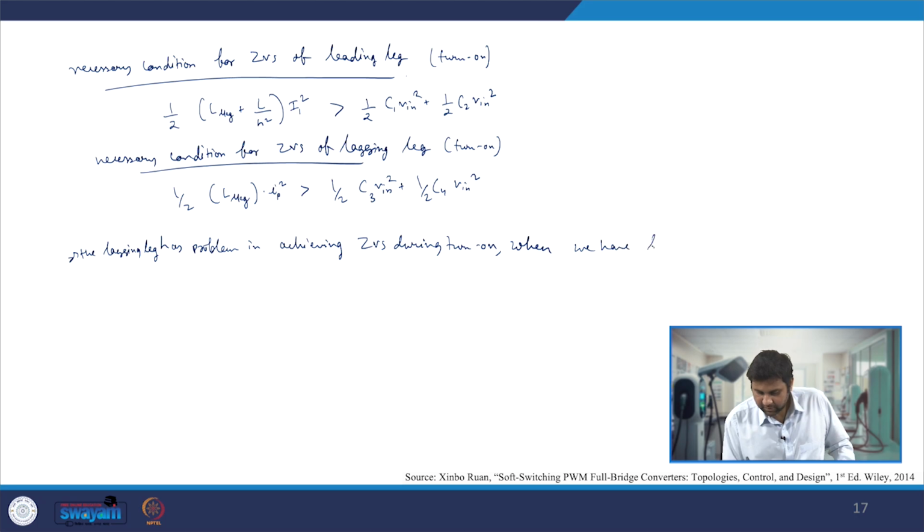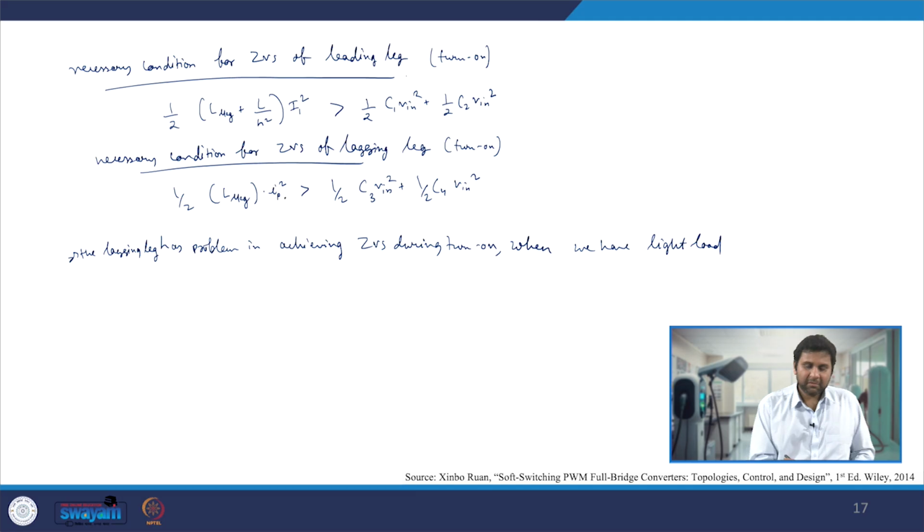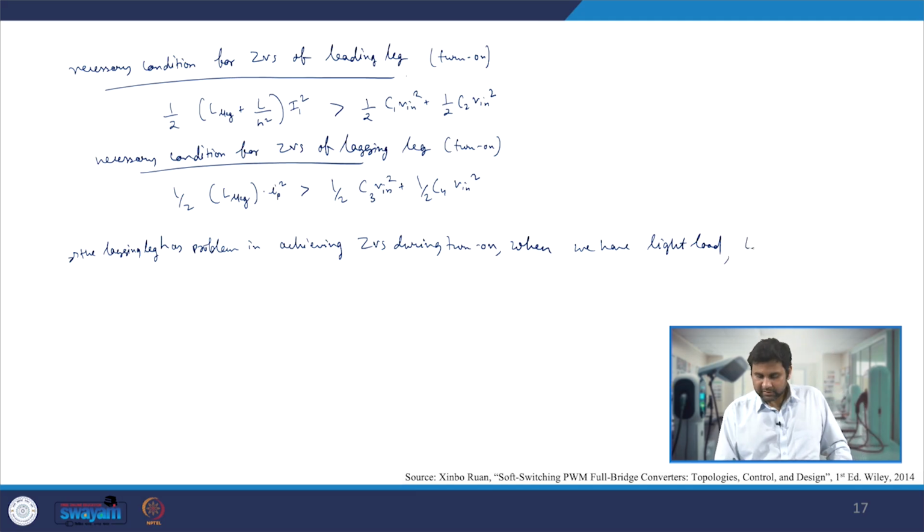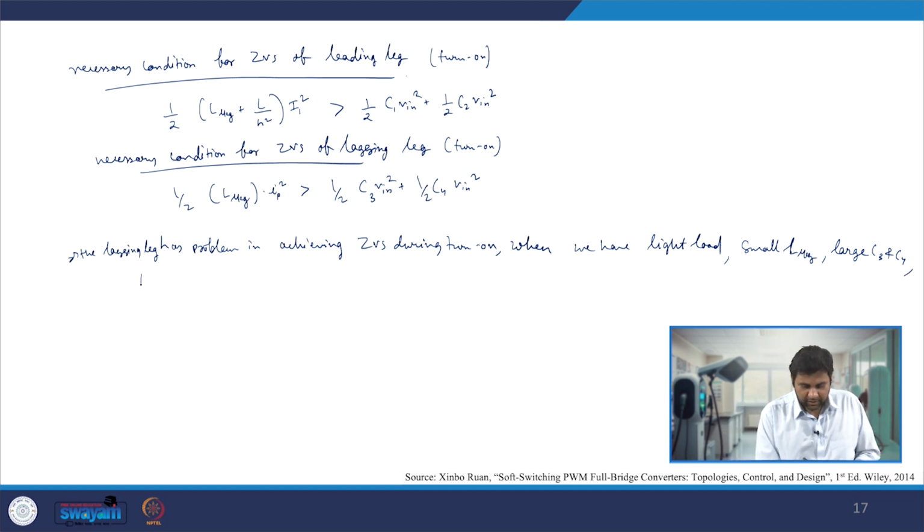We have a light load condition, that means my IP, or I2 value, is very small, or you can say small L leakage, or large C3 and C4, or high input voltage.